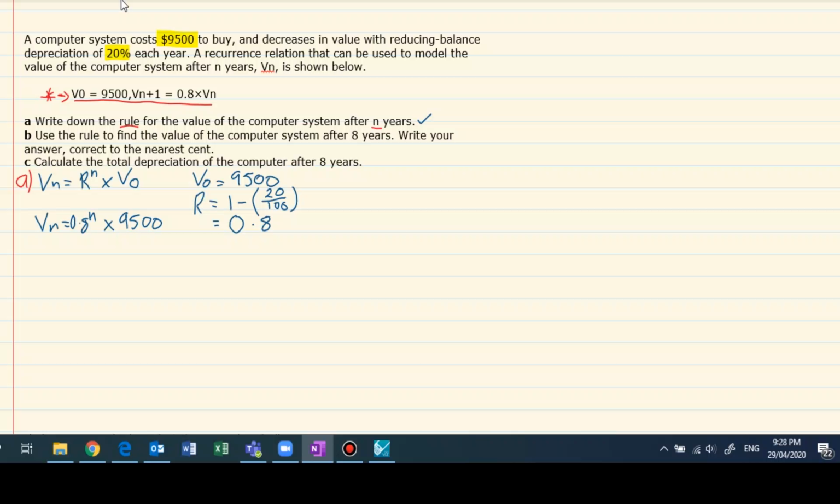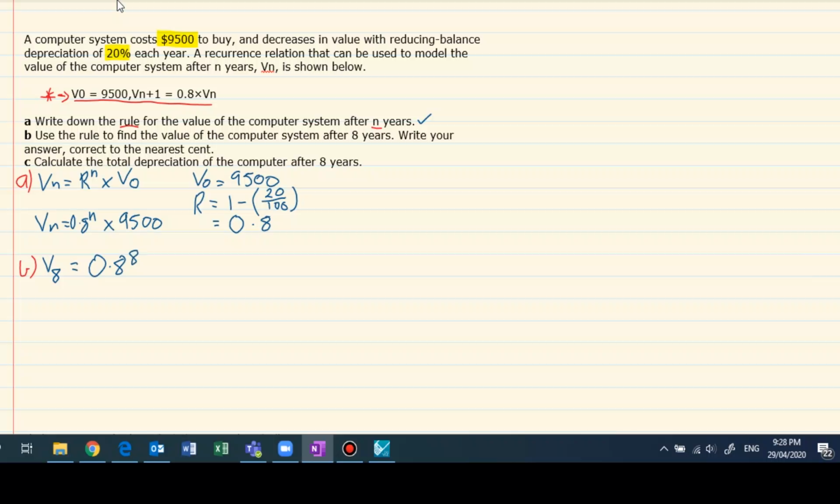So this is why we're using a rule and not the recurrence relation. It's not too hard once you plug it into a calculator, I guess, but much easier if we can just write in V of 8 is equal to 0.8 to the power of 8.